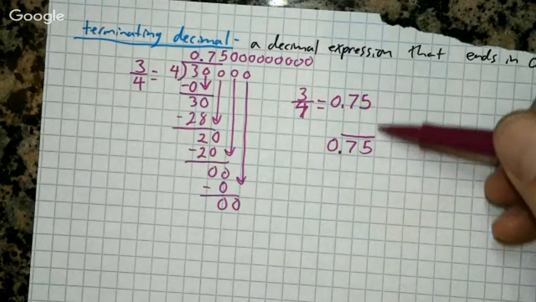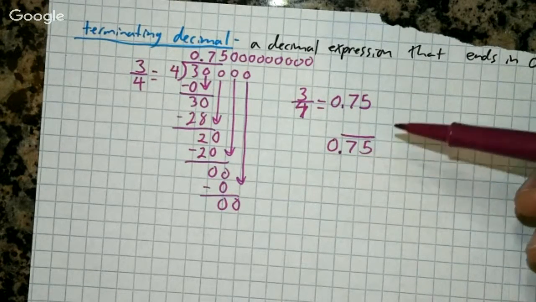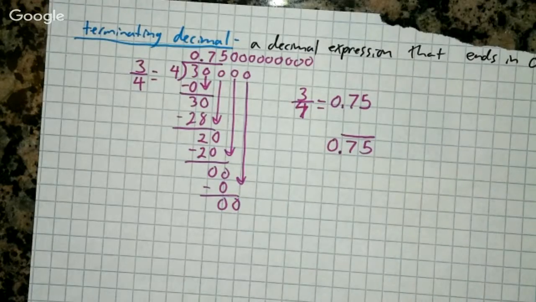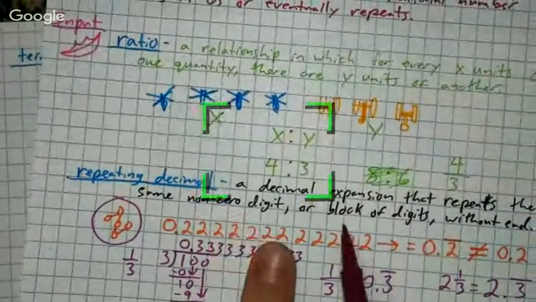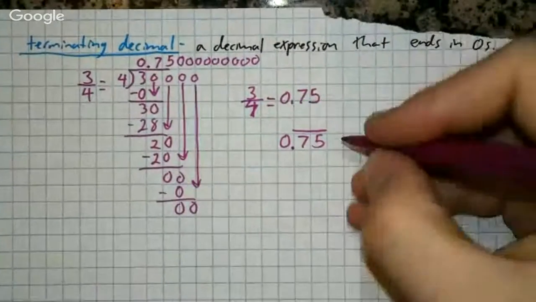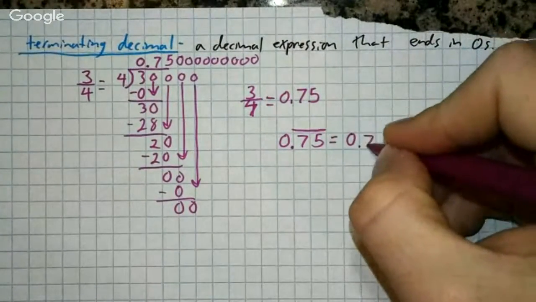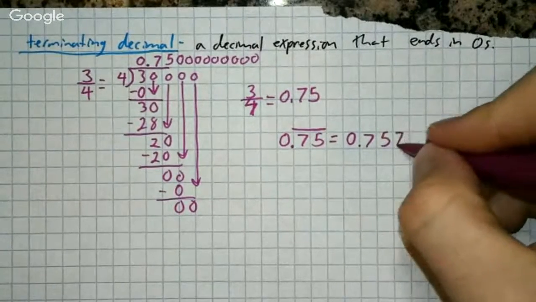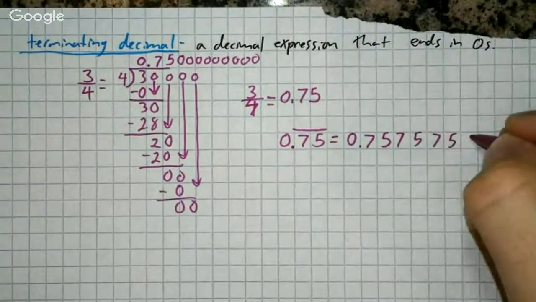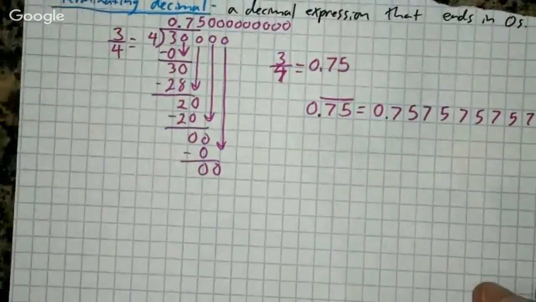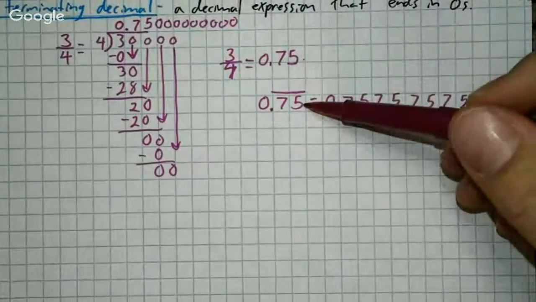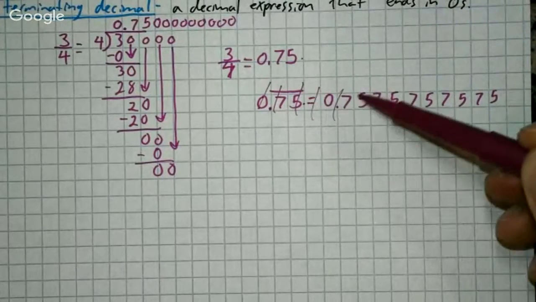That is not the same, because now we're looking at not a repeating non-zero digit, but a block of digits. If you see the line over 2 numbers, that's going to equal 0.75, 75, 75, 75, and again, it's a pattern. So that is why this number and this number are not the same.